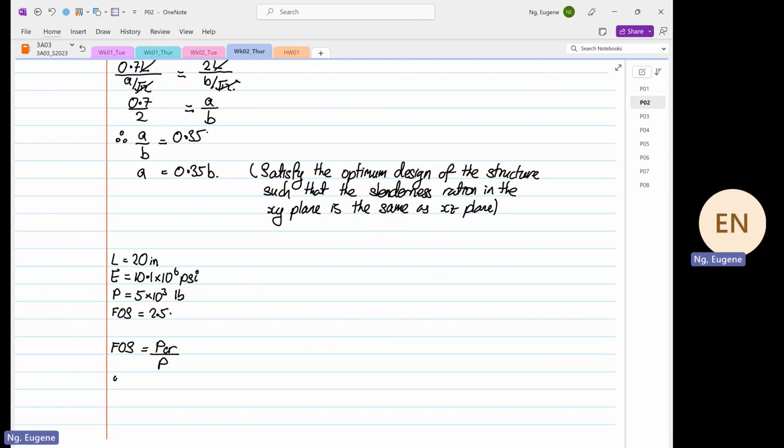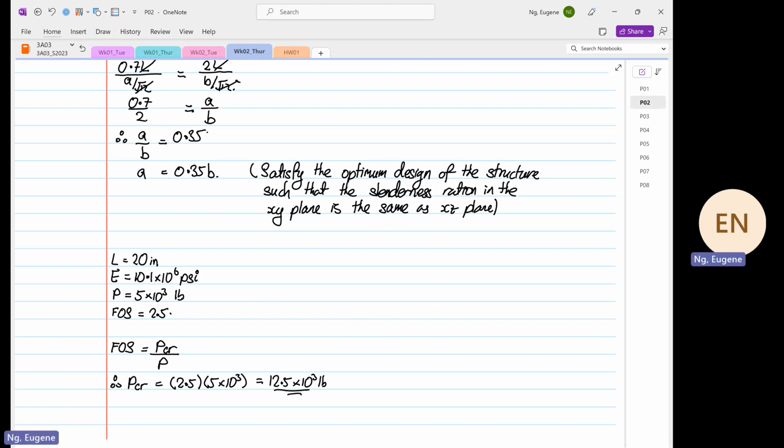Therefore, our P critical is equal to 2.5 times the load of 5 times 10 to the power 3, which is equal to 12.5 times 10 to the power 3 pounds. Okay, so we know that.